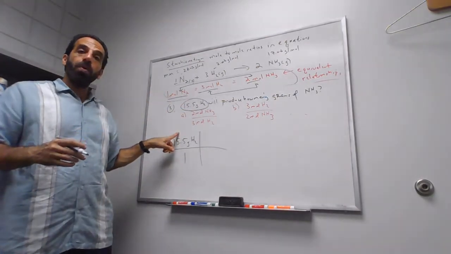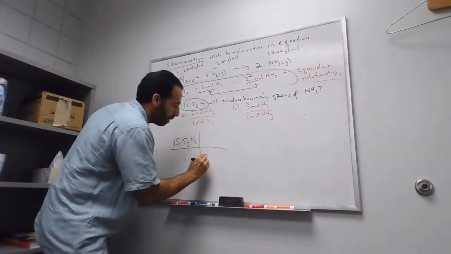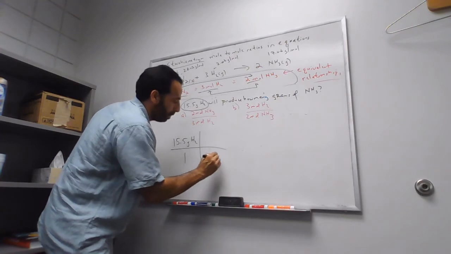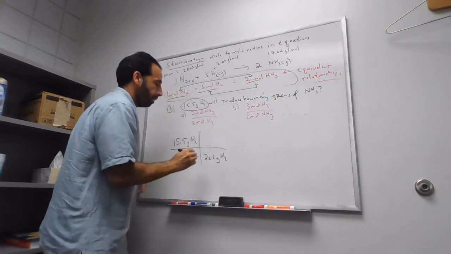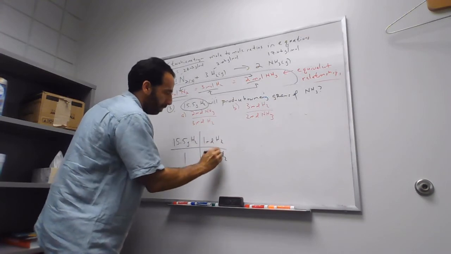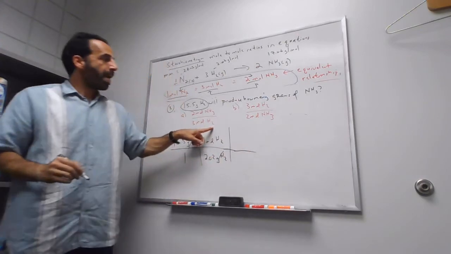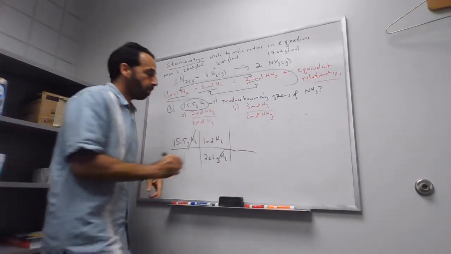I got grams of H2, so convert to moles like you normally would. I got the molar mass. From that, I can get to moles of NH3, which is what I want.